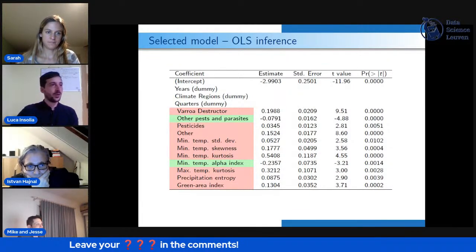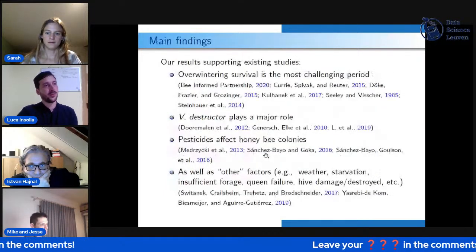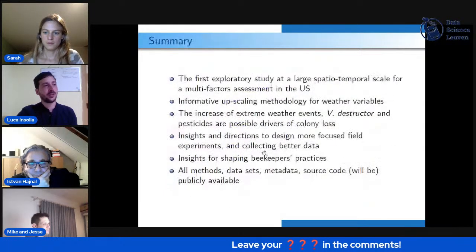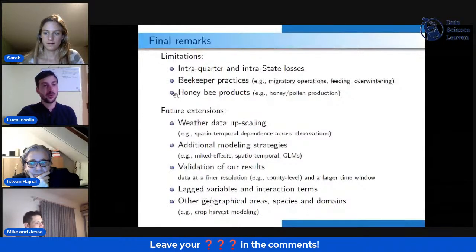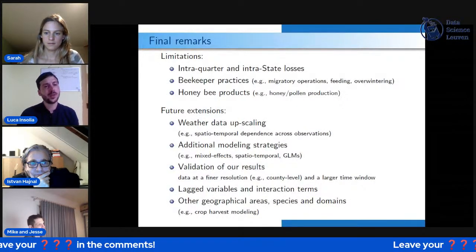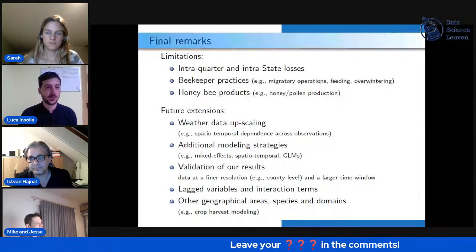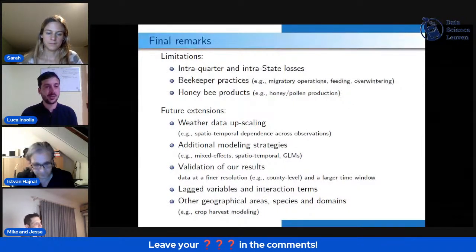Yeah, I think I didn't have time to mention this, but this is the very last point. It is a future extension, and for sure it might be easier compared to the US. Most states, at least in Europe, are much smaller.